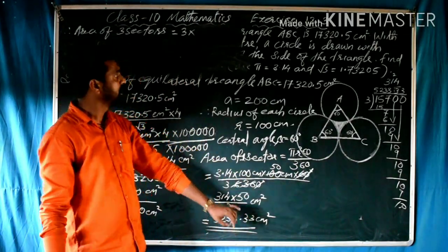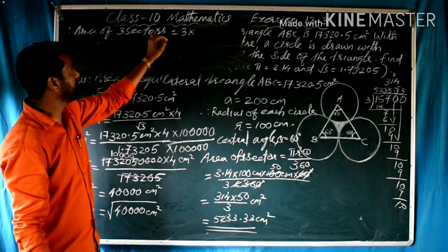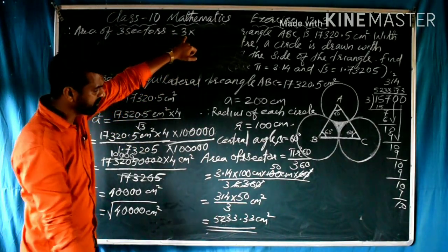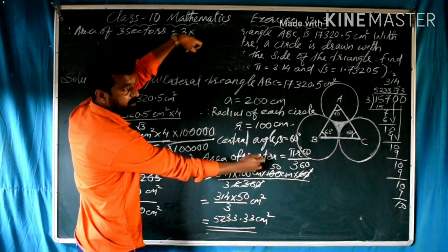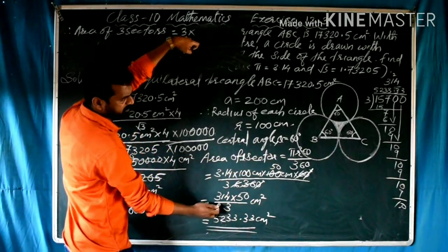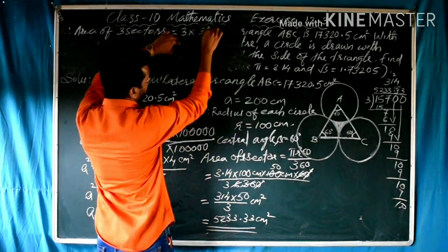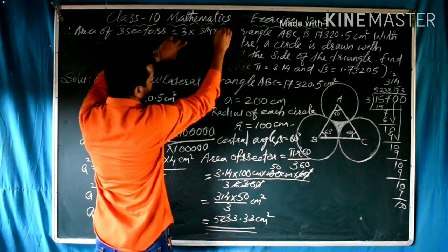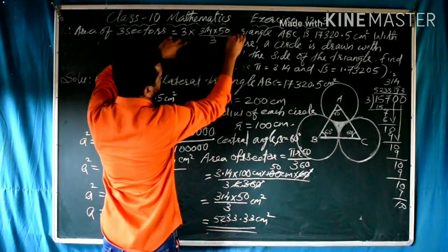That value we can substitute here, that is 314 into 50 divided by 3 centimeters square.